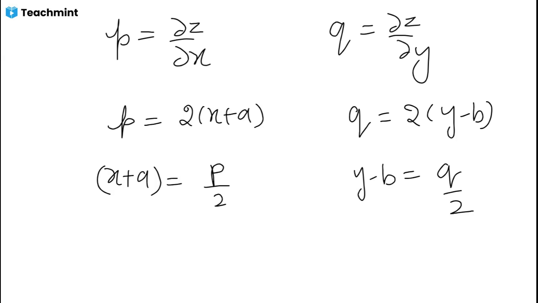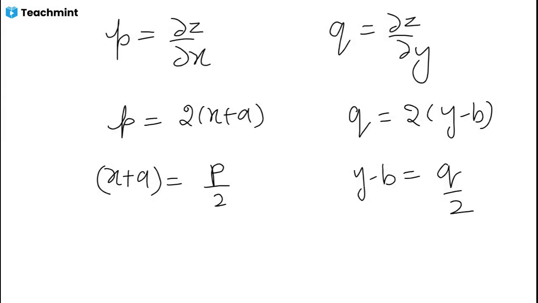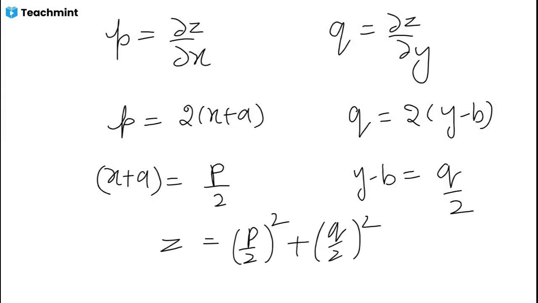We need to put these values in the given function to eliminate the arbitrary constants. So z will become p by 2 whole square plus q by 2 whole square.